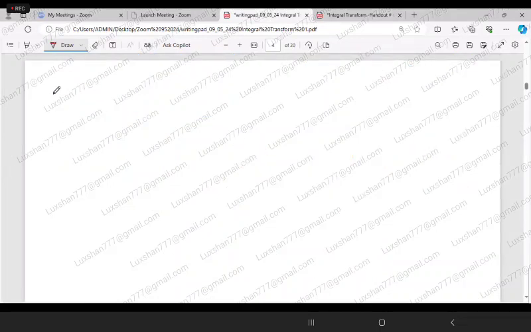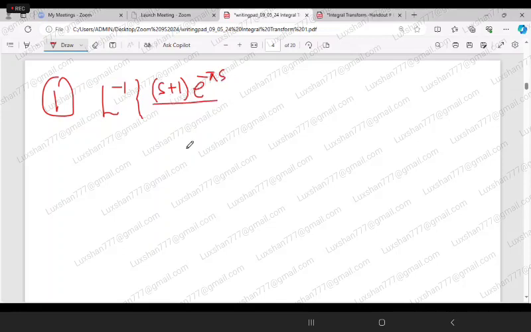Here the question is, we want to find the inverse Laplace transform of (s plus 1) e to the power minus pi s divided by s squared plus s plus 1.